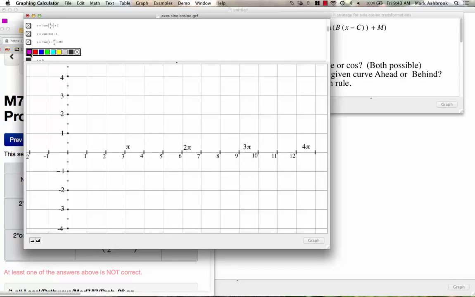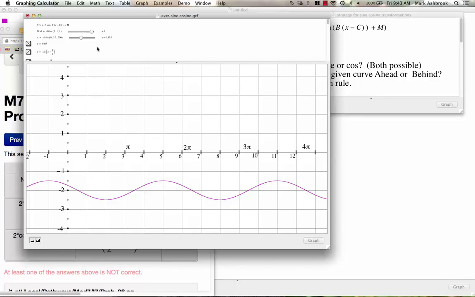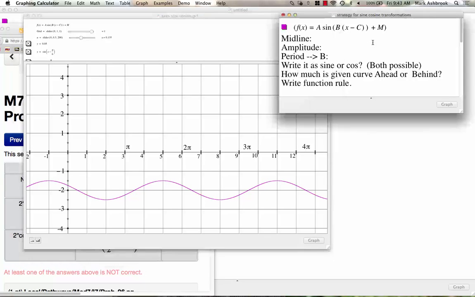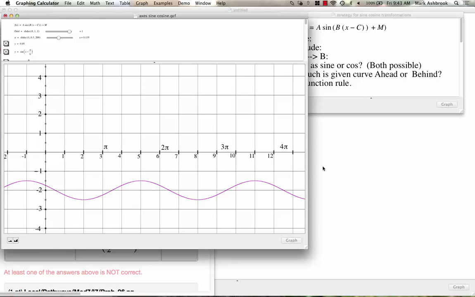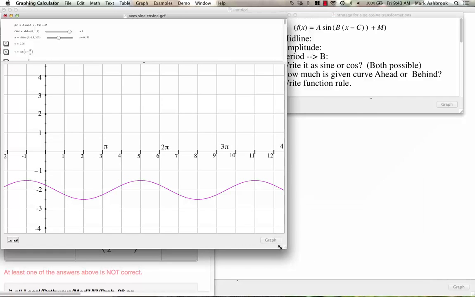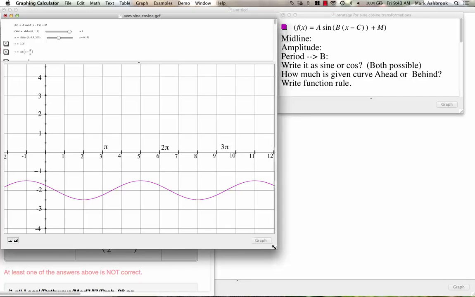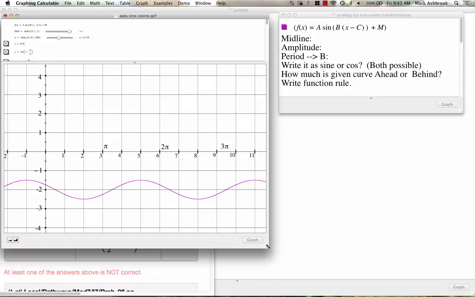All right, let's change it up a little bit. Okay. So first thing, got to decide. Is it based on a pi scale or integer scale? So right now I've got it on integer scale. Is it on integer scale or pi? Leave it or change it? Leave it. Go.